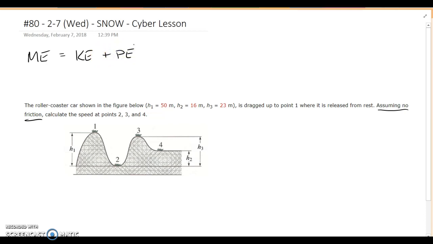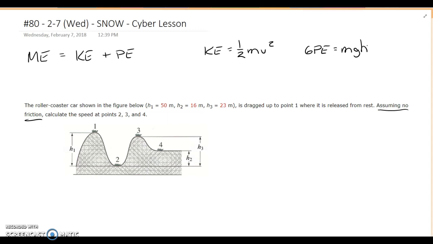And as we've talked about before, we've defined what kinetic energy is. That's just equal to 1/2 the mass times the velocity squared. And the only type of potential energy we've discussed so far has been gravitational potential energy, GPE, which is simply a function of the mass, gravity, and the height you are above whatever arbitrary 0 point you have in the problem.